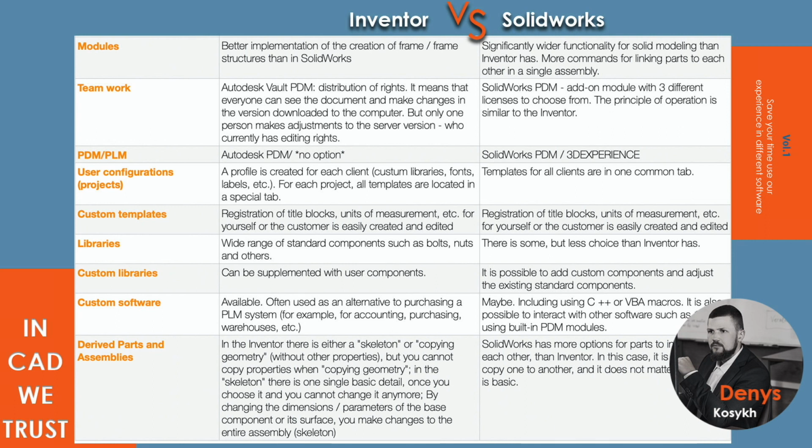But the main idea we want to show is that at first you should think about what manufacturer you have, for what company you create your constructions. Then you can understand what software is better for you. Maybe it's Autodesk Inventor, if you work with big steel structures and a lot of sheet metal, you have good parts in Inventor, so you can use it.